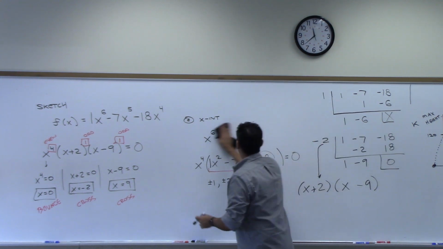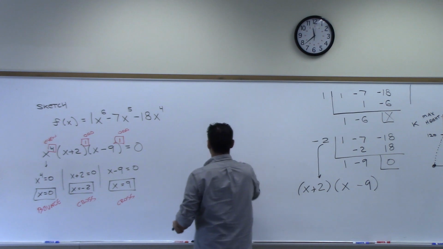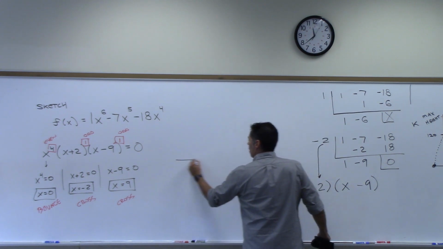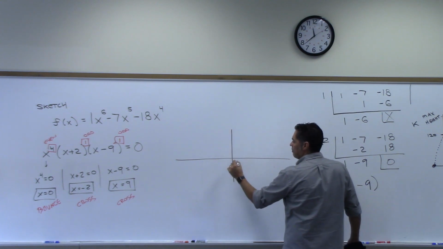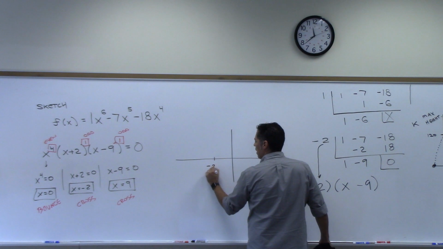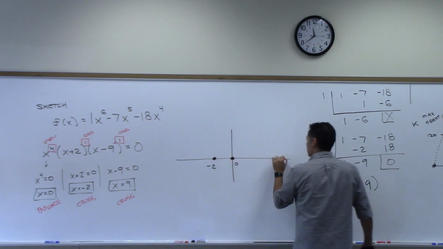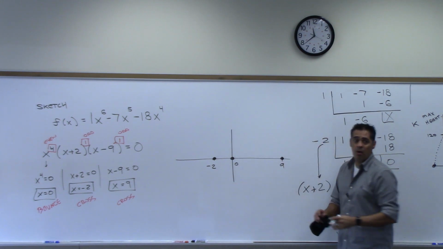All right, let's graph. So I draw a number line. Draw my x and my y. I'm going to plot my x-intercepts. Negative 2, somewhere around there. 0. And 9 is over here. Doesn't have to be perfect. Just make sure it's in the proper order, right?